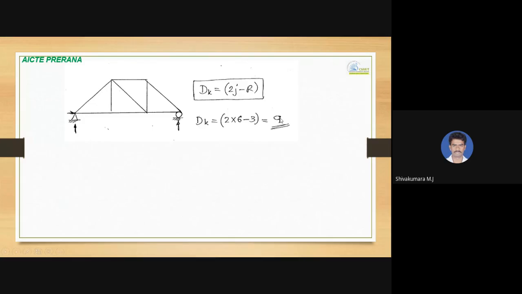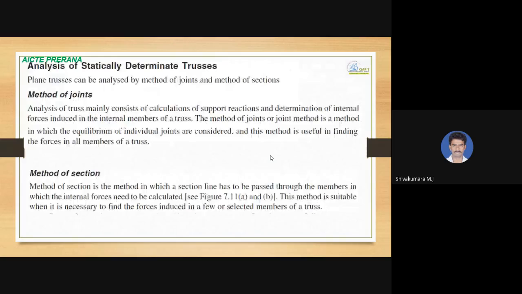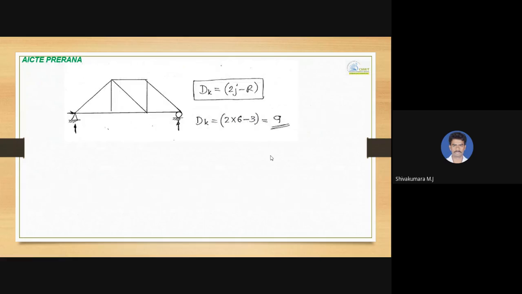The degree of kinematic indeterminacy of this truss is 9. You can expect a few very simple 1 mark questions like this, on determination of the degree of static and kinematic indeterminacy.